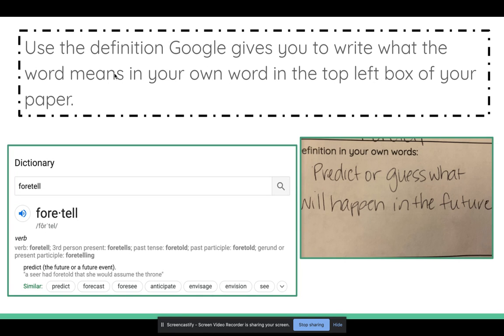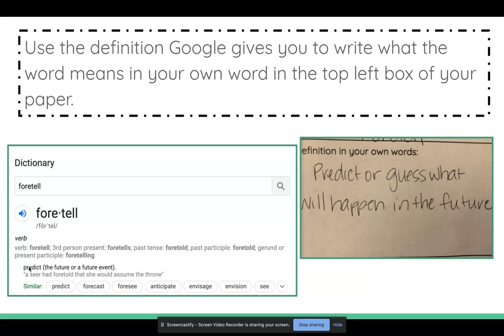Google gives you a screen that looks like this. One of my favorite features of this screen is this little blue speaker or volume icon. Somebody will read the word to you, so if you're unsure of how to pronounce it, you can play it and Google will tell you how to say the word.